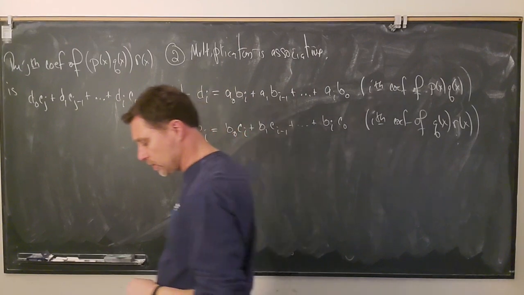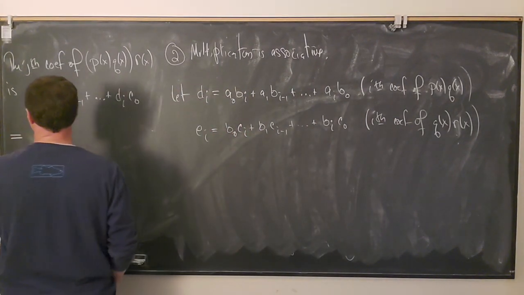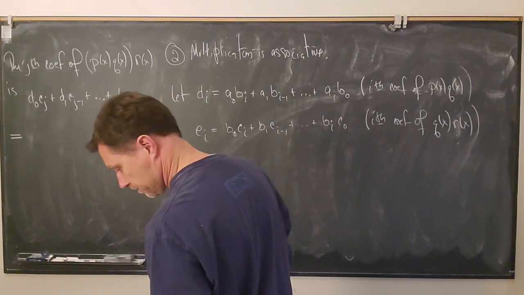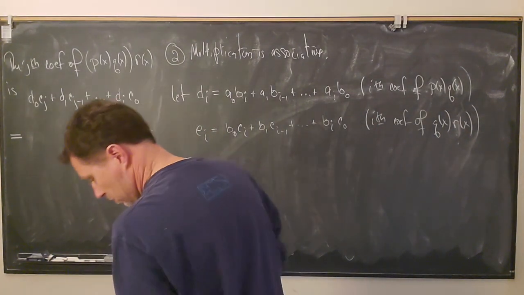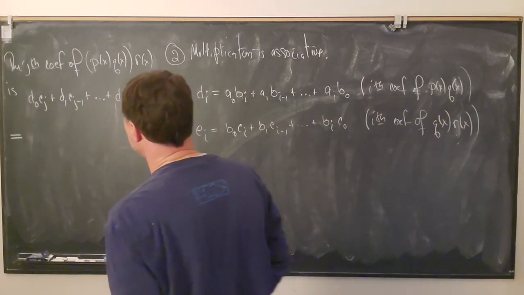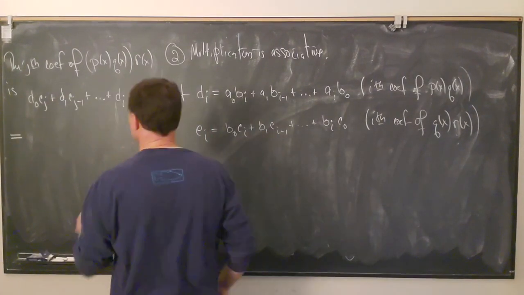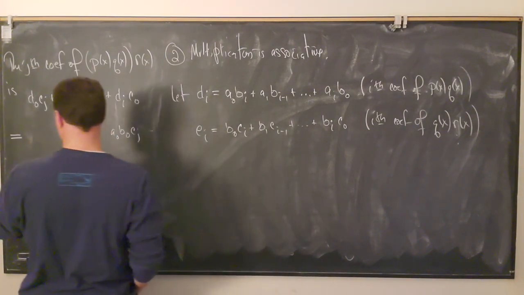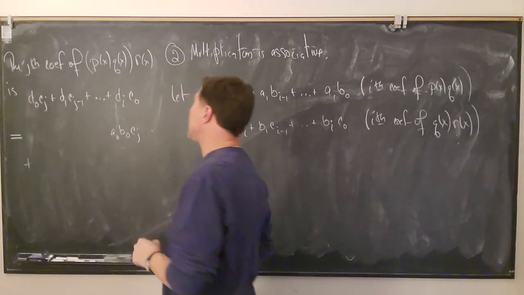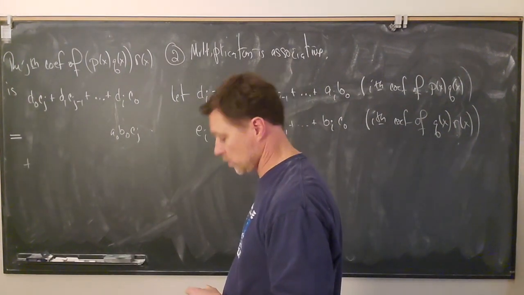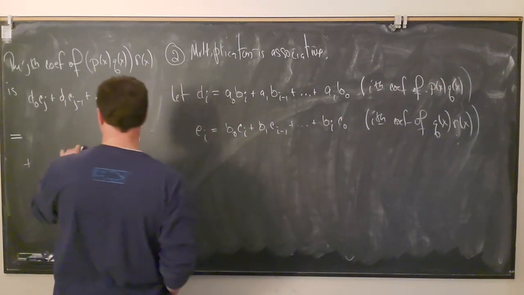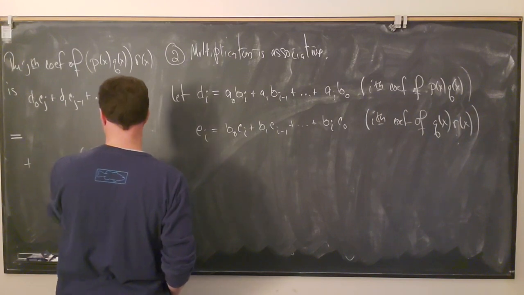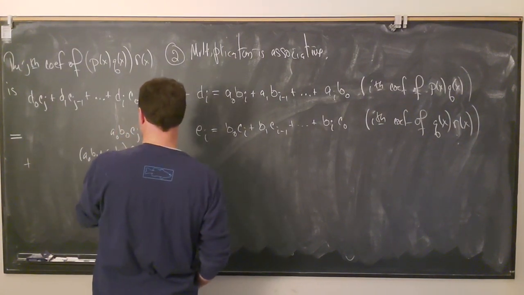And then I want to write out who these are. D0 times C sub j is going to be A0 B0 times C sub j. Plus, now D1 times C sub j minus 1, I'm going to write that out as A0 B1 plus A1 B0 times C sub j minus 1.